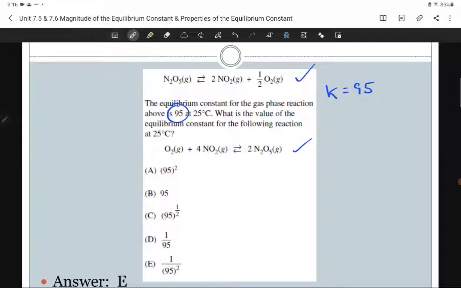Well, it's the inverse, and it also looked like all the coefficients we have to multiply by 2. And yep, we have an answer. So there's all our coefficient items multiplied by power 2. And then the inverse is reflected there. Okay, that's it, guys.